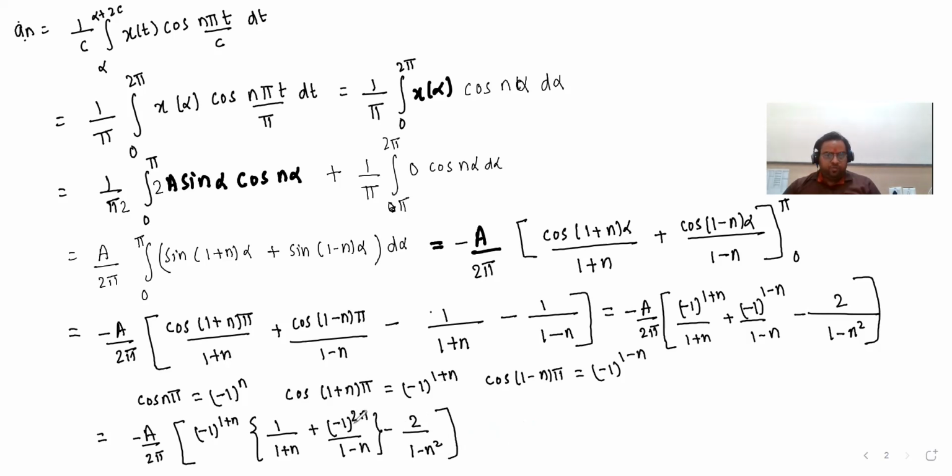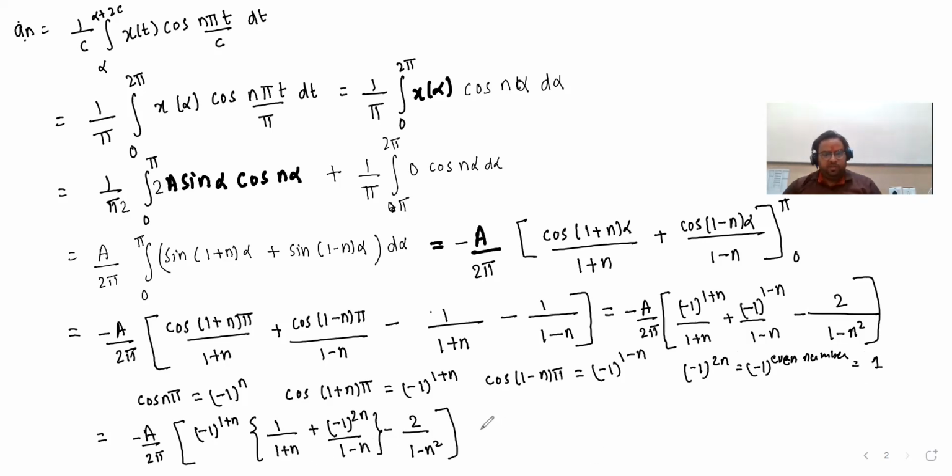Now we can see that minus 1 to the power 2n is essentially minus 1 to the power some even number, whatever integer value of n we have here, this will always be an even number only. And so this is going to be equal to 1.